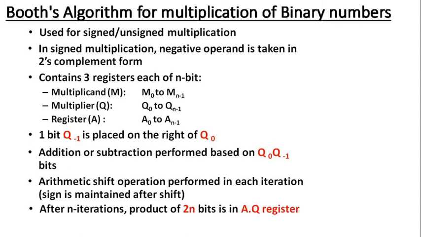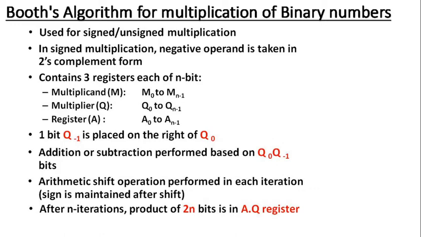So after n iterations, the product of 2n bits will be copied into the AQ register. As we know, the multiplicand is n bits and the multiplier is also n bits, so when we perform their multiplication using binary systems, it will generate a product of 2n bits, and this 2n-bit product will be collectively copied into two concatenated registers, the AQ register pair.